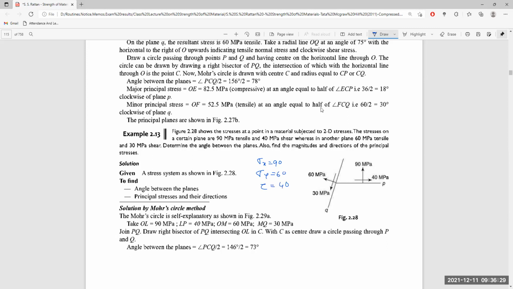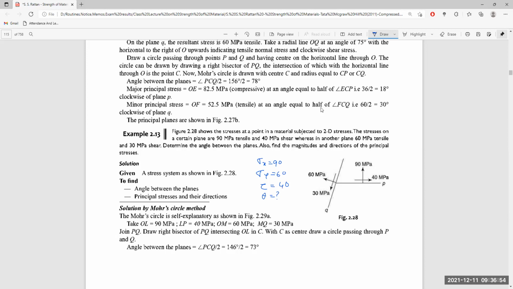Determine the angle between the planes, so theta is not known to us. Also find the magnitude and direction of the principal stresses. On one plane it is 90 MPa and 40 MPa shear stress, whereas on another plane 60 MPa and 30 MPa shear stress.